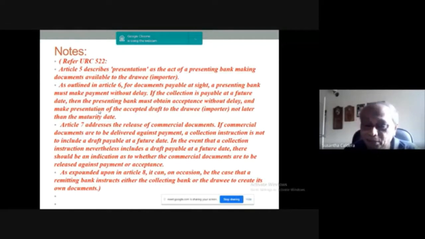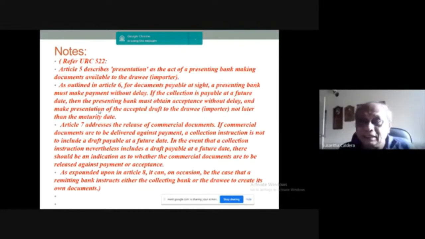If I ask a question like this: you have received a set of collection documents with a bill of exchange, 60 days sight. The moment you see the bill of exchange, you have to pay after 60 days, after 2 months.